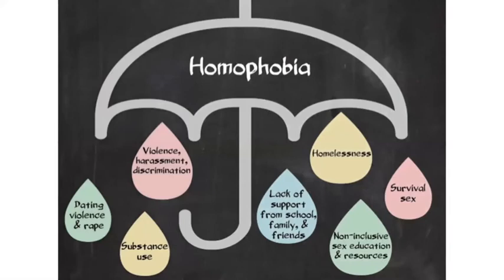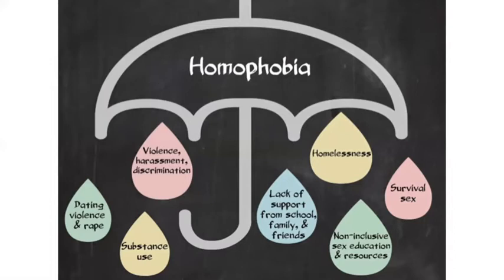There are a lot of different reasons why these things happen. But this illustration of this homophobia umbrella does a really nice job at showing all of the systems that are at play. So a lot of the times, LGBTQ young people might not experience the most inclusive sex education experience.